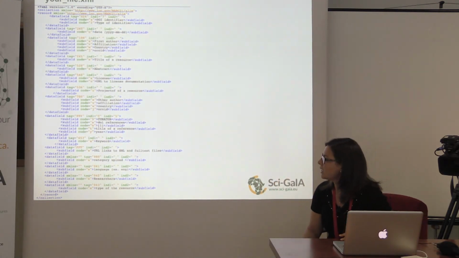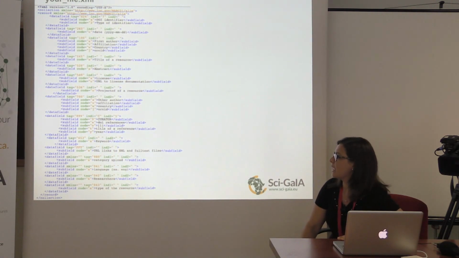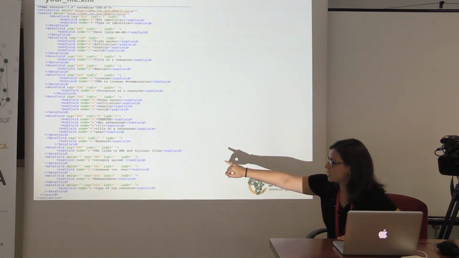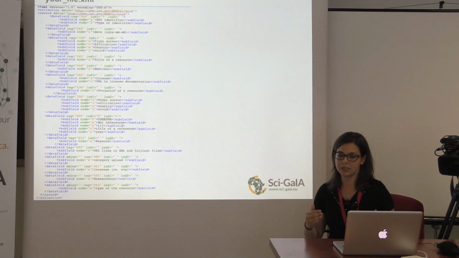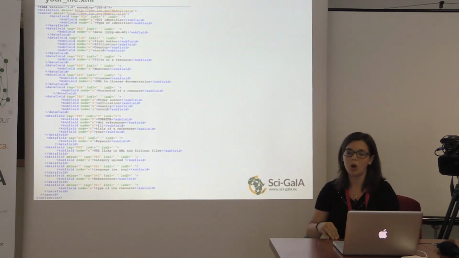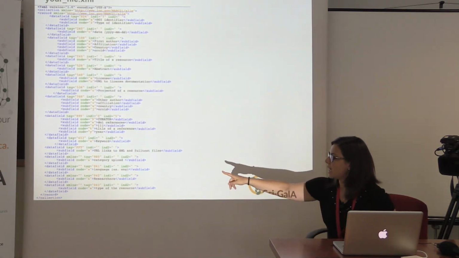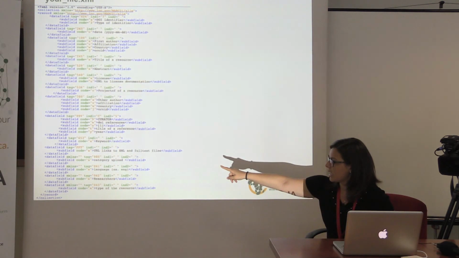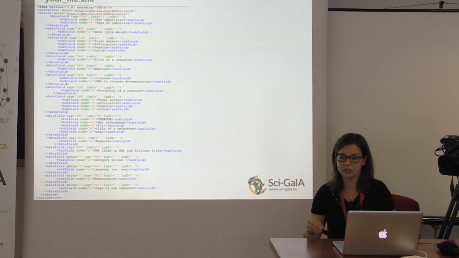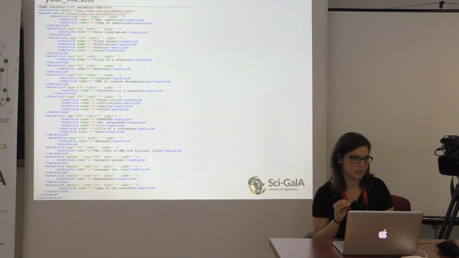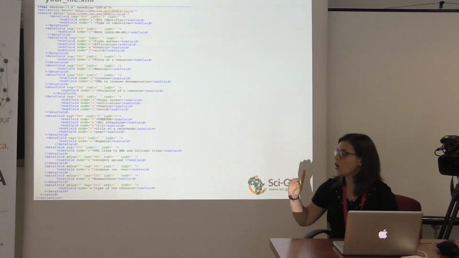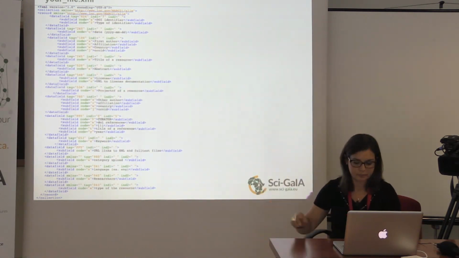Other types of tags are, for example, tag 653, the keyword tag, and you can have more than one of this tag in a record. Tag 980 is a mandatory tag that is the collection of the resource, and you can have only one of this tag.